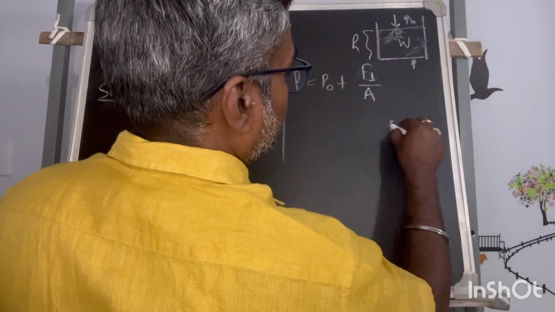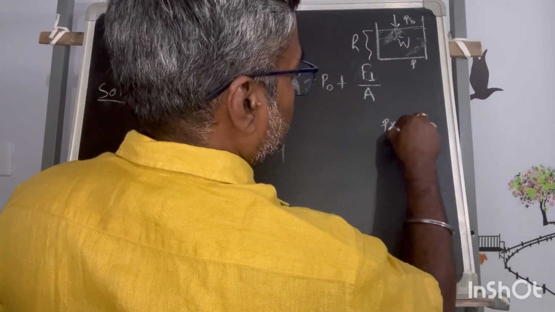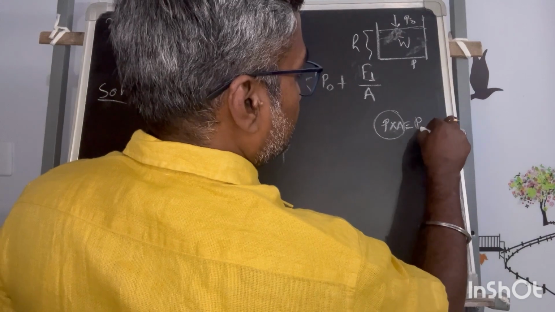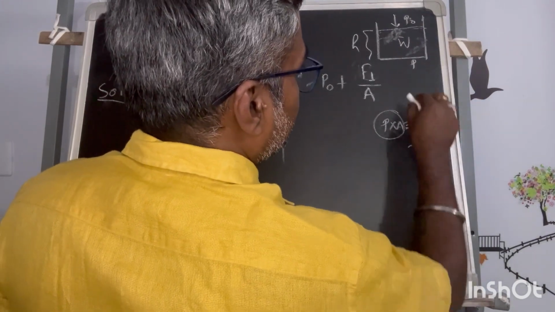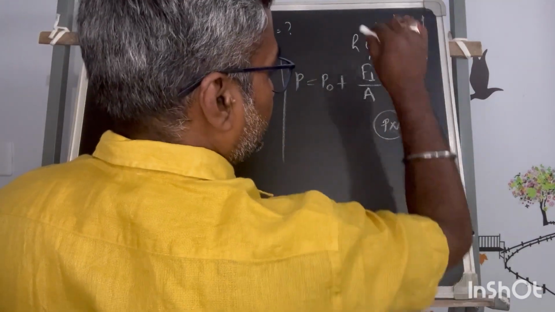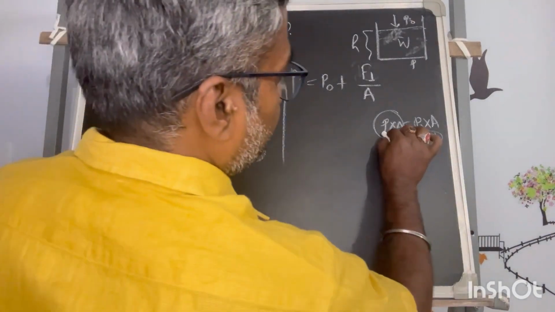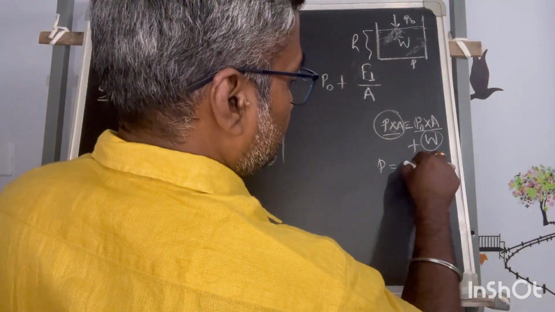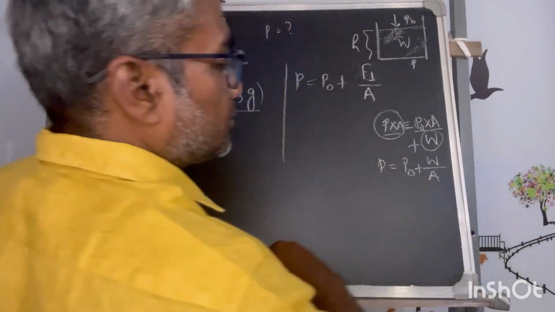P into the cross section, that force is acting completely, and that is divided into two parts: the atmospheric pressure into the cross section plus the weight of the fluid. This one is the force itself. So pressure into area, the atmospheric pressure into this. Now we have divided P all through by A, so we will get this one.